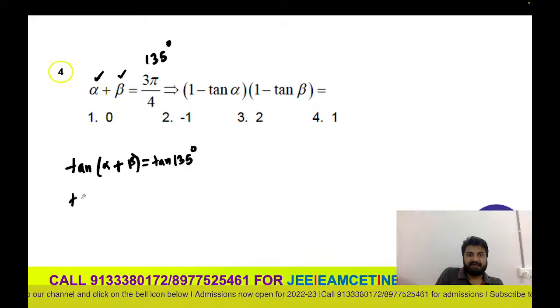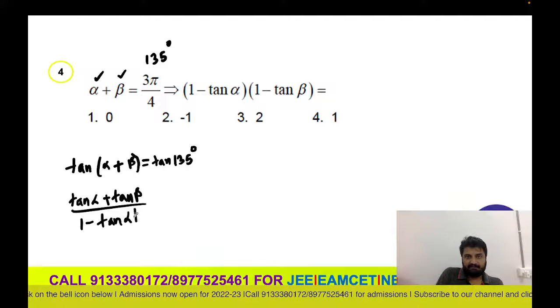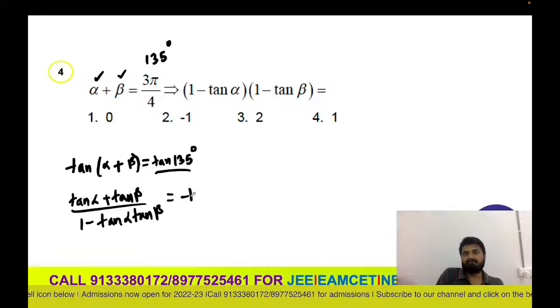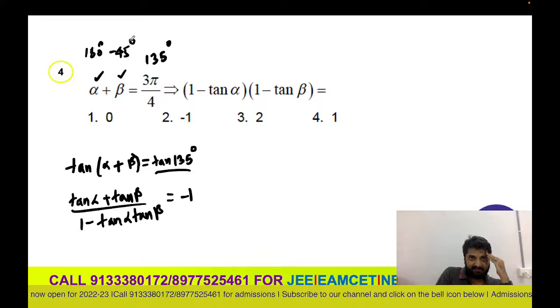So this is like the tan A plus B formula which we just saw, tan A plus tan B by 1 minus tan A tan B. Tan 135 we know is minus 1. So just simplify this and do it. That is one way. The other way is, alpha I can give 180, beta I can give minus 45.